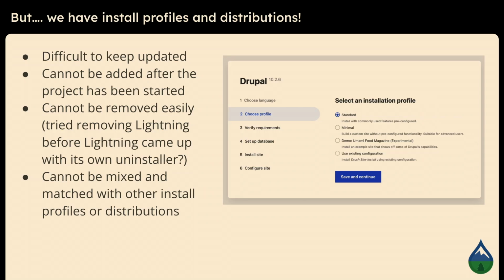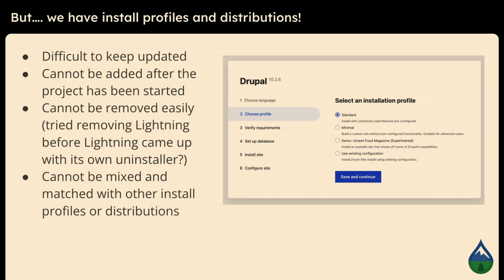Whereas with recipes, since we are more or less keeping them as granular as possible and as containerized as possible, I can just lift my events recipe and apply it to any project that needs an events content type or a calendar and so on.